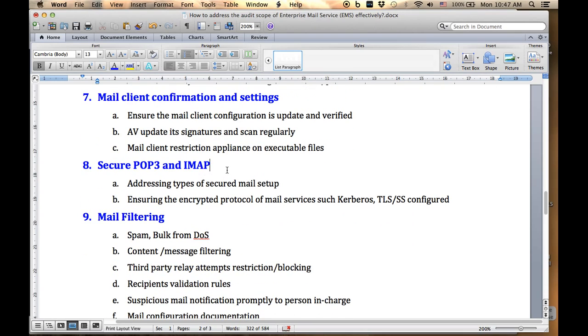So the next one, the auditor needs to understand secure POP3 and IMAP. The auditor needs to identify the type of secure mail setup and ensure the encrypted protocol of the mail service, like Kerberos, like TLS and SSL configuration.